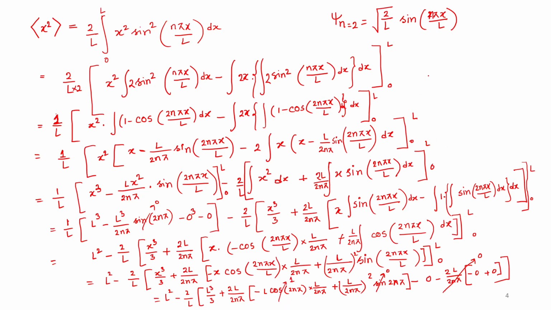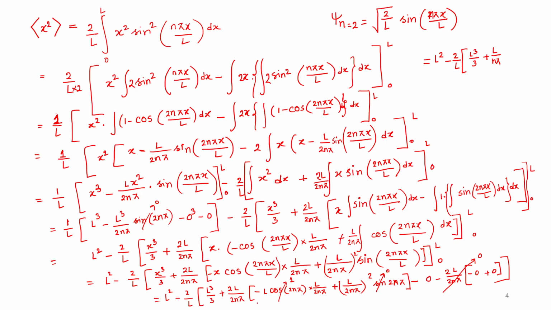Okay, so I'll write here what I'm getting. L square minus 2 by L into L cube by 3 remains, plus L by n. And from here I am getting only one term, right?